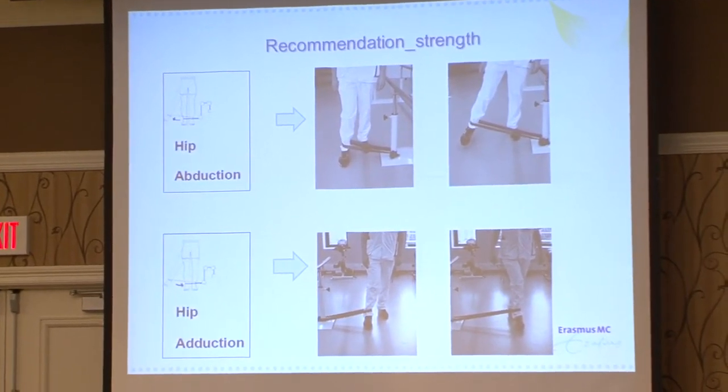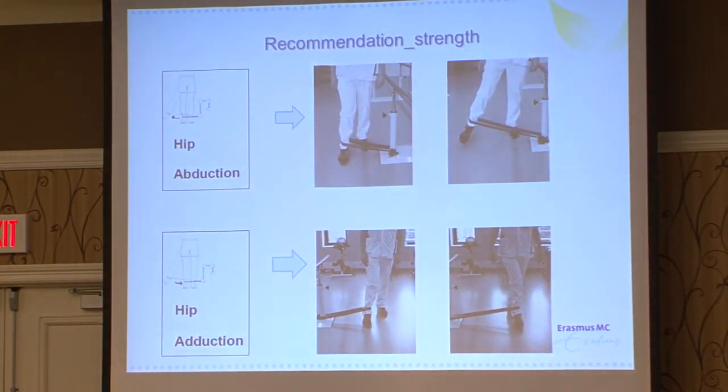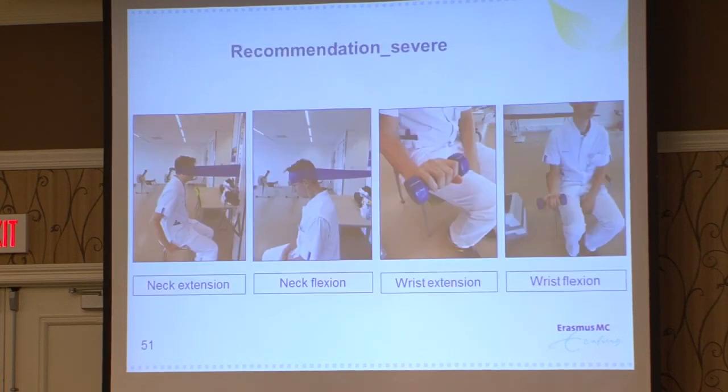And here, for example, is an example of a band that you can use to test your strength, to increase your strength. For example, here you see the hip abductors and the hip adductors with these type of bands that are available and that you can at least get in collaboration with your physical therapist.